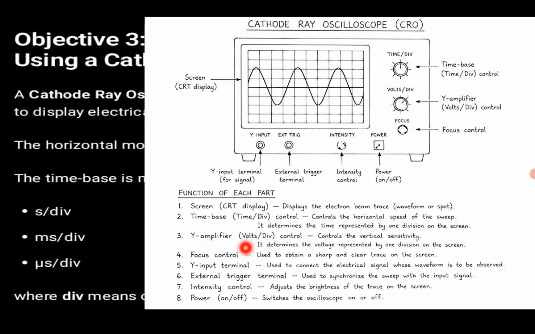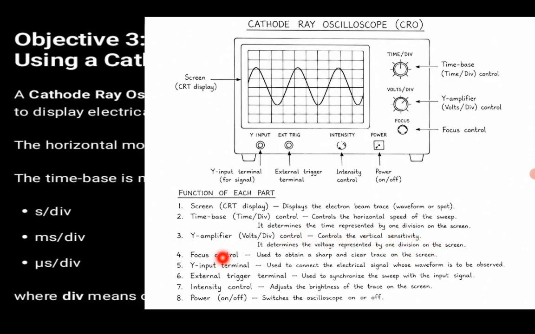And then we have a Y amplifier, representing volts per division. This controls the vertical sensitivity. As the beam moves this way, it also has vertical displacements, up and down. So this determines the voltage represented by 1 division on the screen.